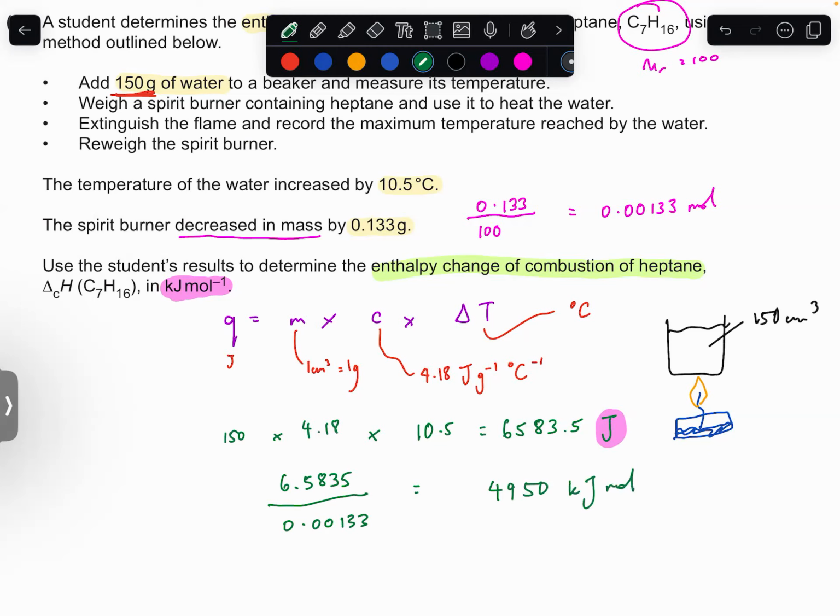You see, because the temperature has increased by 10.5 degrees, this is an exothermic reaction, and the sign is essential to get the full marks. Minus 4950 kilojoules per mole.